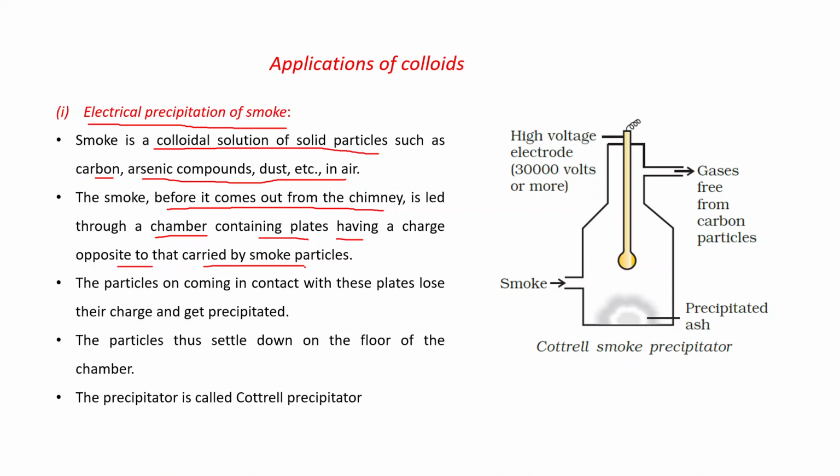What will happen? Smoke particles will precipitate. The particles on coming in contact with these plates lose their charge and get precipitated. The particles thus settle down on the floor of the chamber and the precipitator is called Cottrell precipitator. This diagram is shown. Cottrell precipitator. Clear?